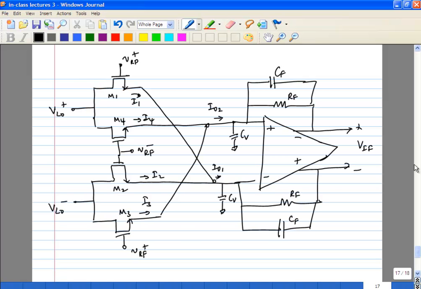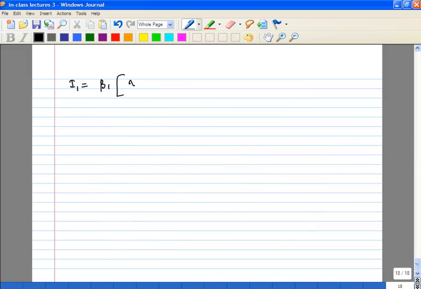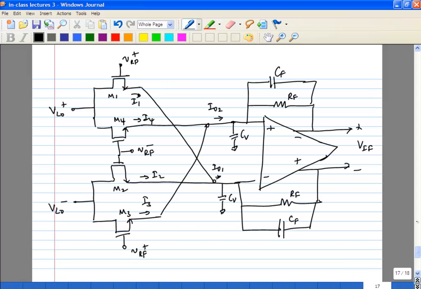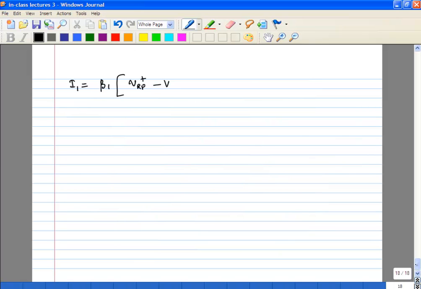Okay, so let's look at the 4 currents. So I1 is beta 1 times, look at VRF plus. Okay, so what we'll do is we'll say that the DC voltage here is some VLO DC. Okay, let's see, have I missed out anything else on the figure? Yeah, that's it. Minus VT1, and it's in the linear region, right?